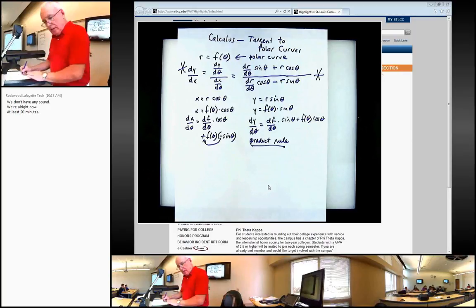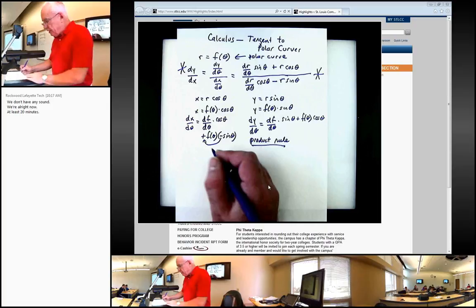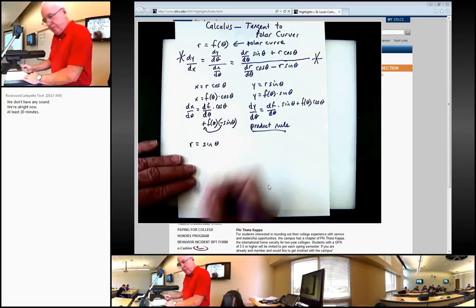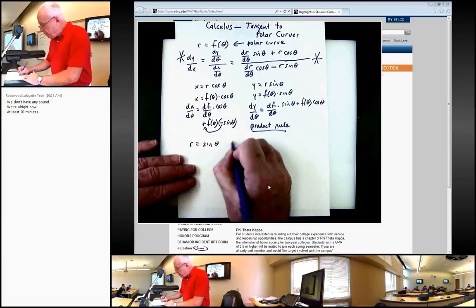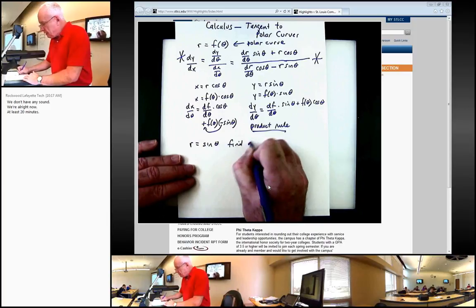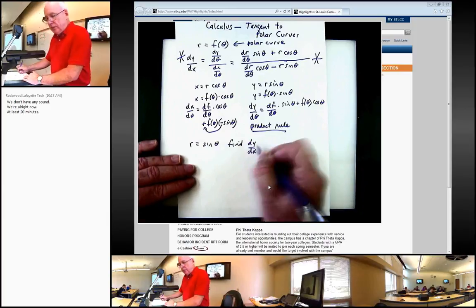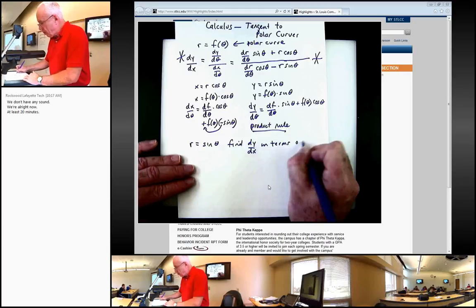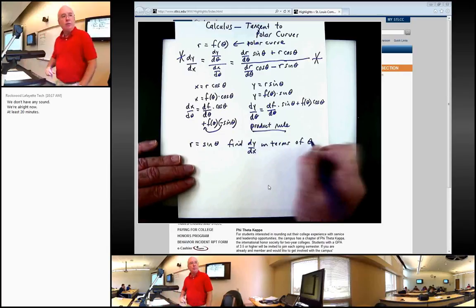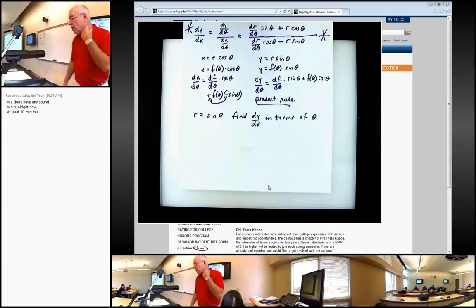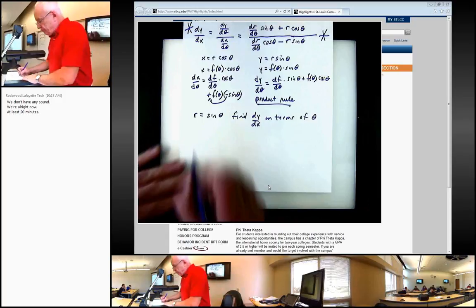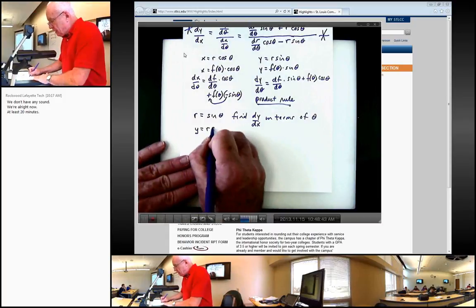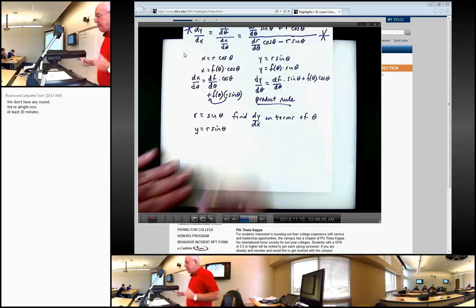Okay. I want to do an example here where r is equal to the sine of theta, and we want to find dy dx in terms of theta. That's our problem. Let's start with this. y is equal to r times the sine of theta, by definition.